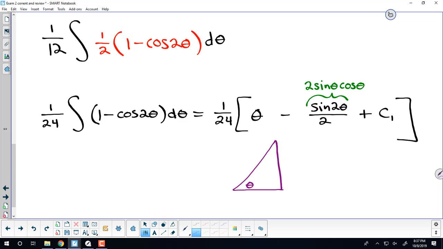From this, we have x over 12 as tangent. So then the hypotenuse would be what? Yeah, you get back to the thing that you start with.